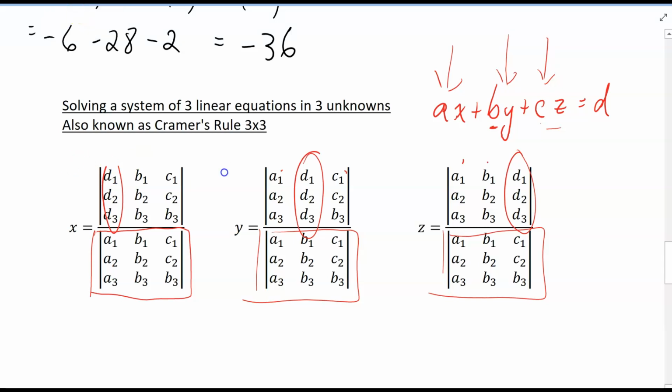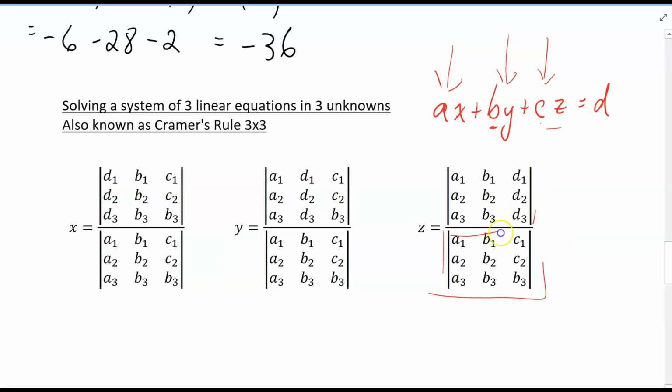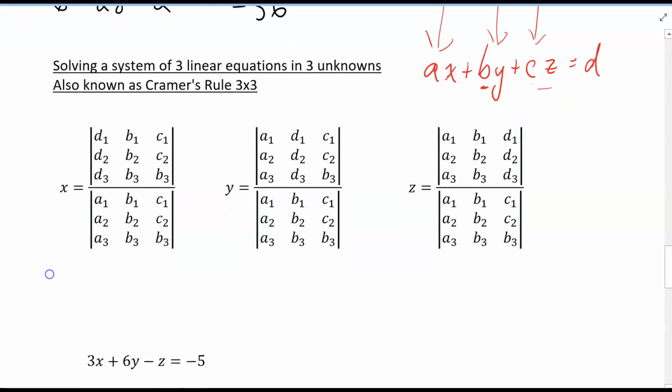So let's see. I'm going to just take off that messy stuff, and now we are going to solve a system using this. Now, when you're solving a system of 3 linear equations with 3 unknowns, most likely you will have to solve for 2 of the unknowns using Cramer's rule. The third one you could do by substitution, because then it will be the only unknown left.